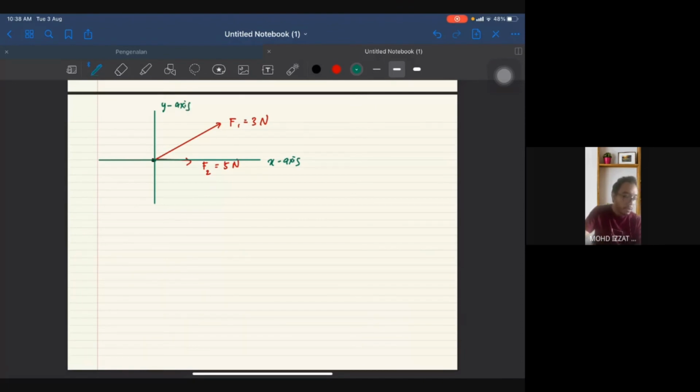Okay, so F1 is not located on X or Y. Dia seorang dia yang kat tengah-tengah tu. So, kamu kena pecahkan lah. So, bila kamu pecahkan, then you will have F1X and F2X. Faham?